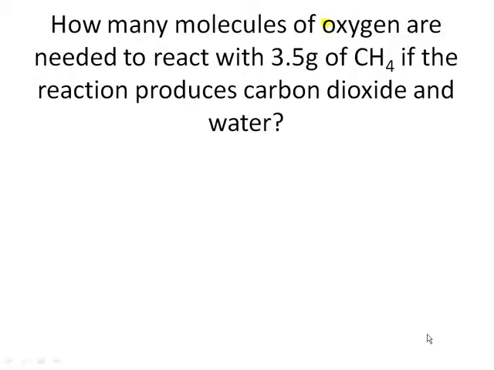It says oxygen is reacting with CH4 if the reaction produces carbon dioxide and water. So that tells me my reactants are oxygen, which is one of the silly 7, so it's diatomic, and CH4. And they are going to react together to make carbon dioxide and water.